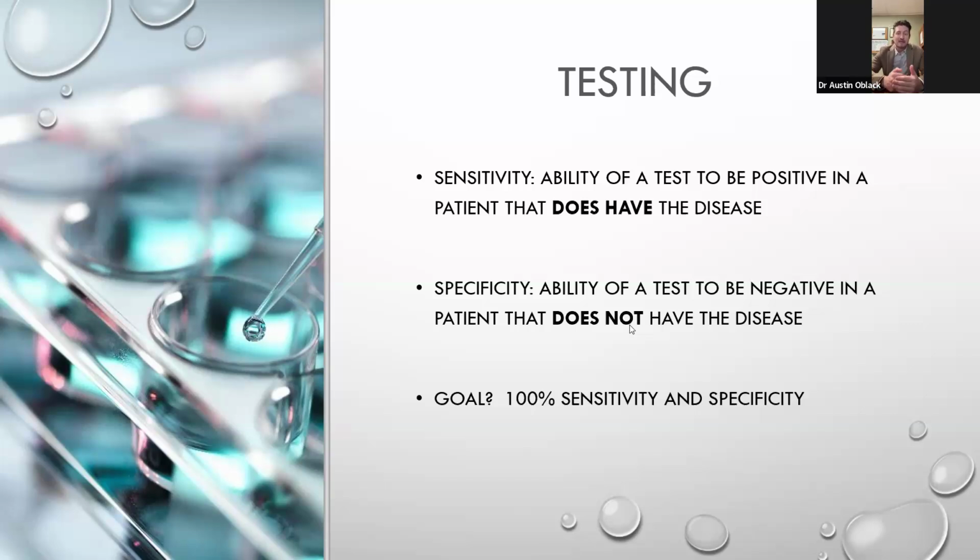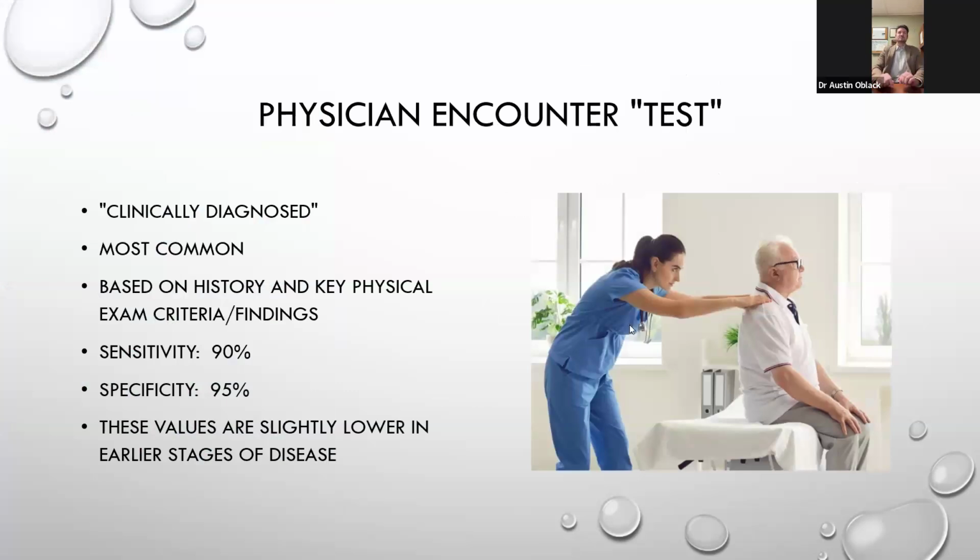Despite many different symptoms being present that could be positive for a test, specificity means that it is only going to be positive when that disease is truly there. The ideal would be a test that is 100% sensitive and 100% specific. With that information, let's get right into it.